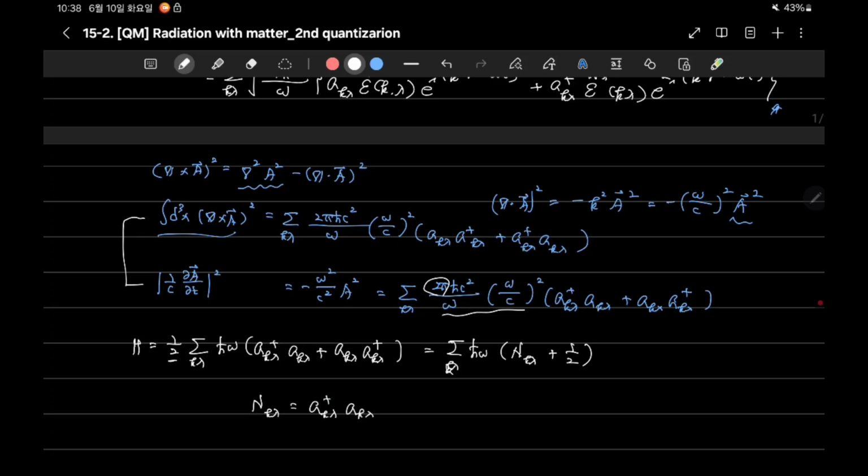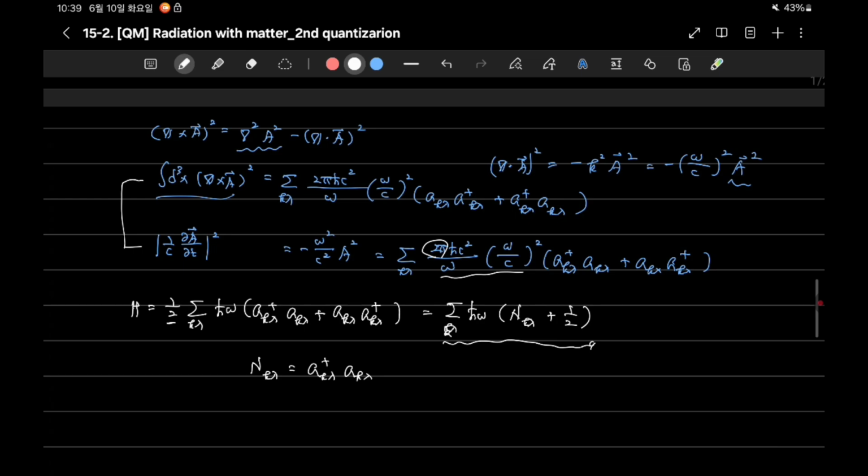So the second quantization of the Hamiltonian is just the harmonic oscillator. And the creation and annihilation operators have a commutation relation equal to 1 from the quantum mechanical definition. So the result is that the harmonic oscillator means the electromagnetic wave is a harmonic oscillation of the magnetic field especially.